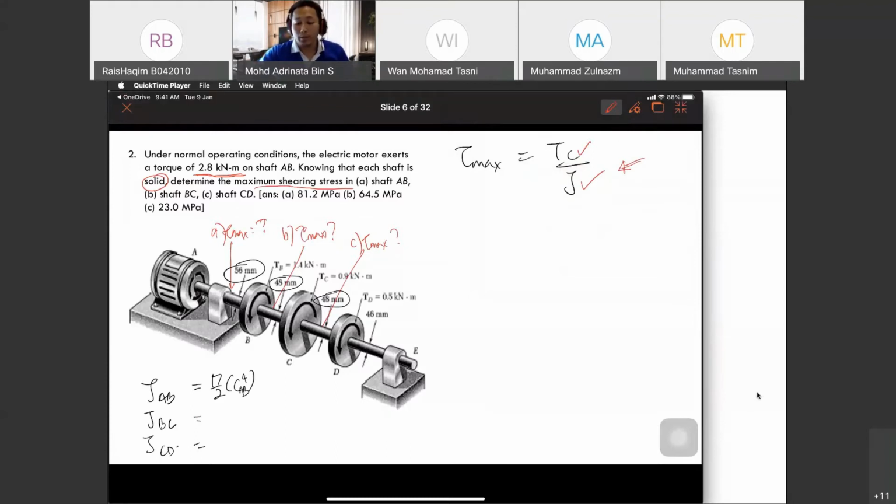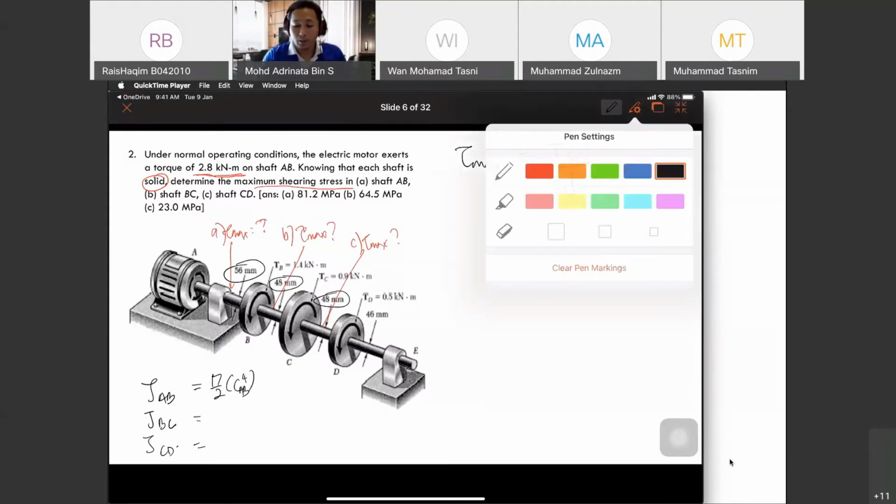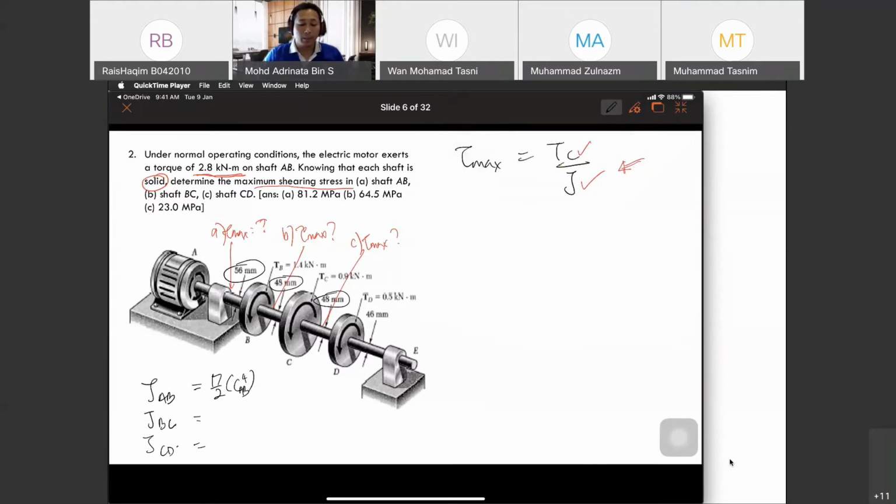Soalan dia yang susah adalah nak cari torque. Okay. Torque, berapa torque untuk AB? Yang ini kena buat gambar sikit lah, free body diagram. So kita ada A, okay. So kita ada ini B, this C, this D. Okay.